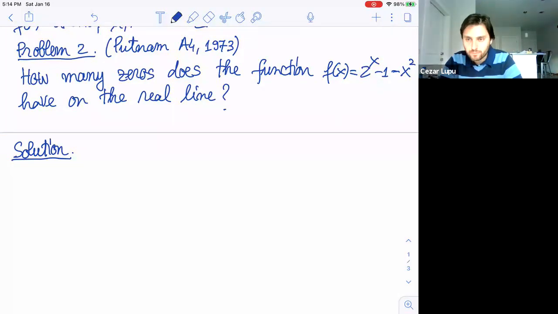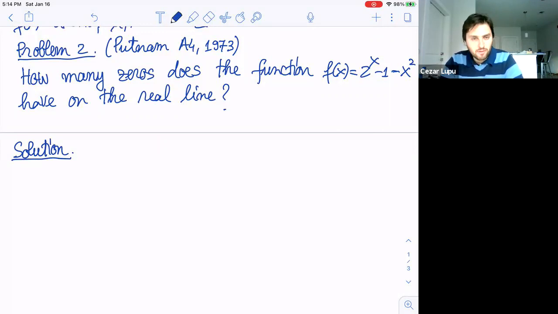All right. So probably, as you can guess, you would be tempted to say that there aren't so many solutions for the equation f of x equals 0. Or in other words, there are not many zeros for this function.